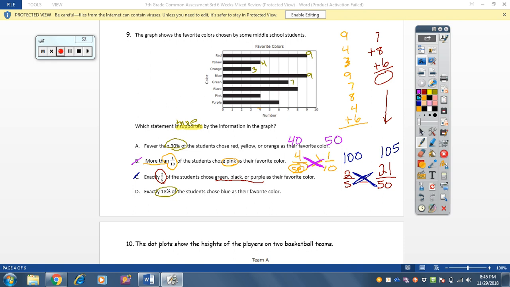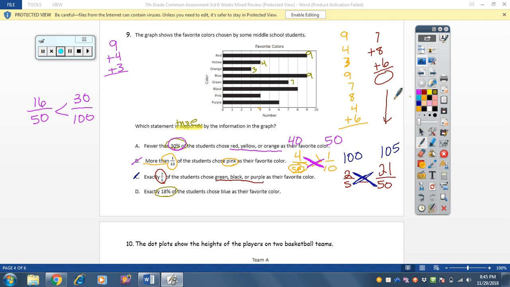Let's look at A. A says fewer than 30% of students, so 30% is 30 out of 100, and it needs to be fewer than, chose red, yellow, or orange. So you are going to have to add red plus yellow plus orange. Now, that number is out of 50.